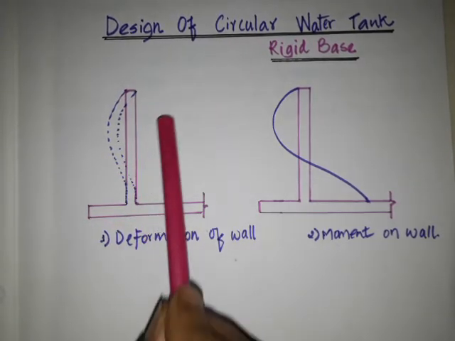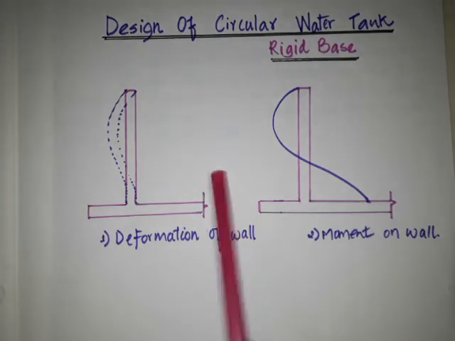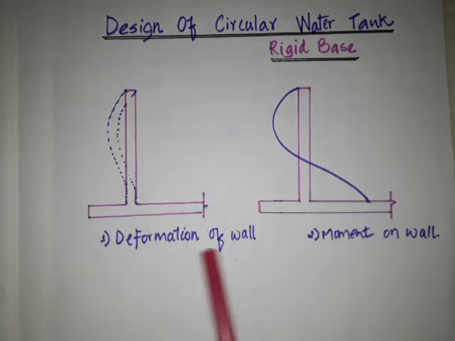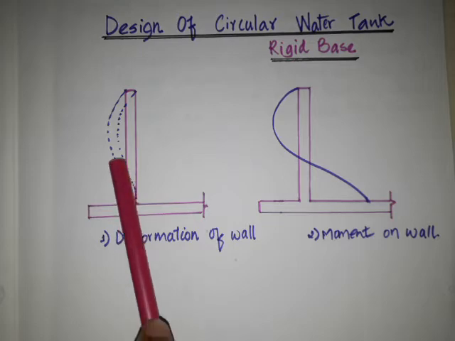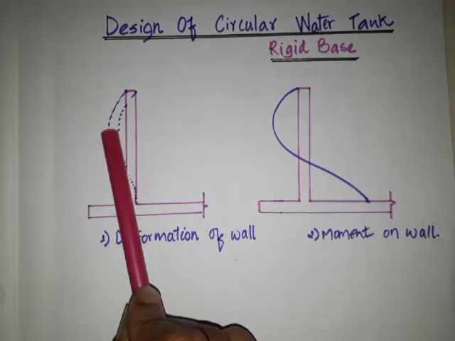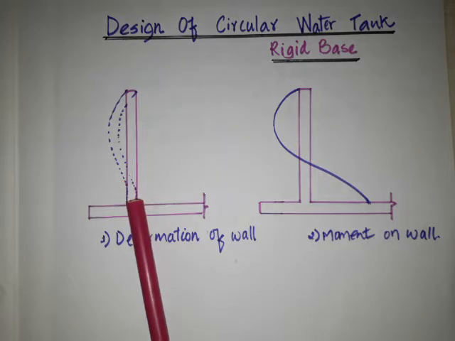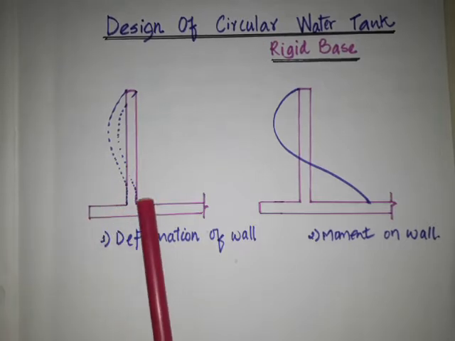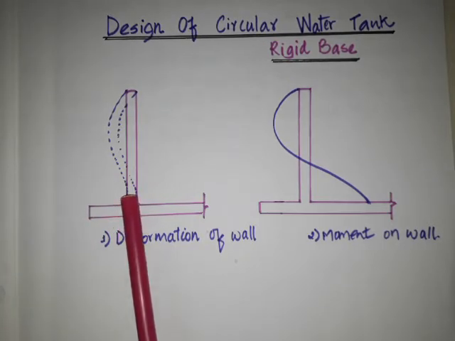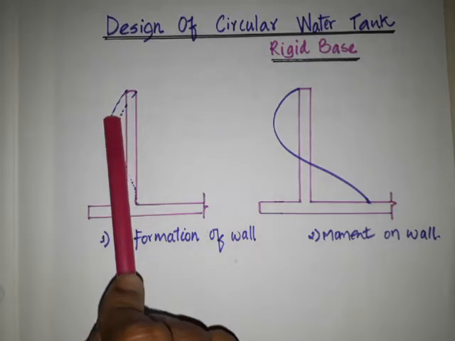This is the first sketch, and I would like to discuss the deformation of the wall. The dotted line you can see here is the behavior of the wall because of the water pressure. Because of the rigidity, you can see the deformation of the wall.